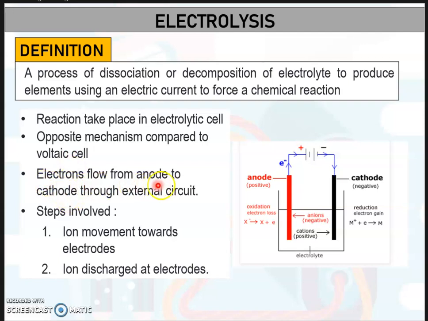Electron flows from anode to cathode through the external circuit. The steps involved in the electrolytic cell are ion movement toward the electrode and ion discharge at the electrode. We have two electrodes.